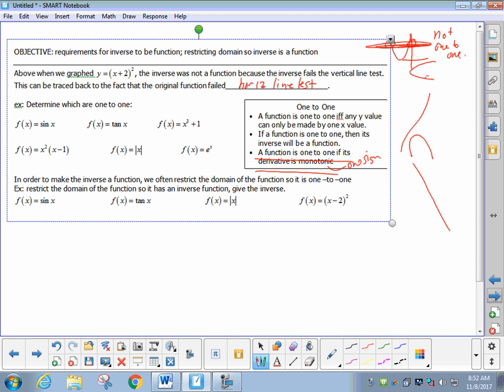What about sine? Is sine one-to-one? Does it pass the horizontal line test? No, most definitely not. It fails the horizontal line test forever, so that's a no. What about tangent? Is that one-to-one? That's a big no. One curve passes the horizontal line test, but there isn't just one curve.